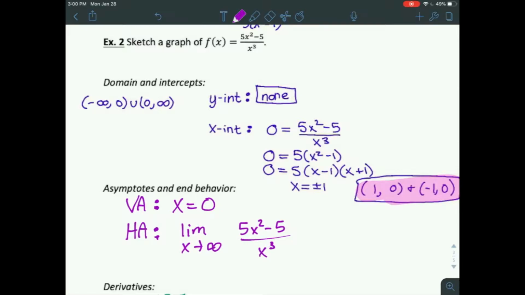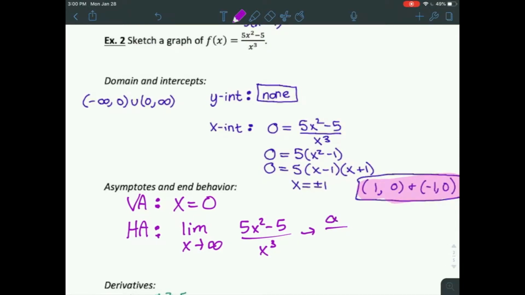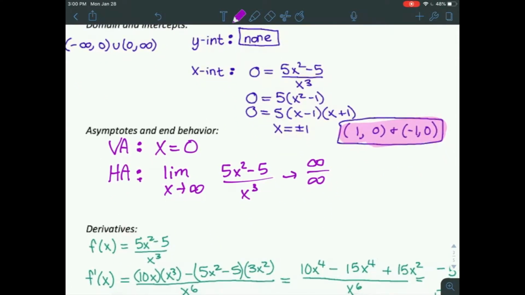We can go back to divide everything by x to the third if you'd prefer. Or we could use L'Hopital's rule. Let's do that. More practice. Because this is of the form 0 over 0. Or no, it's not. It's of the form infinity over infinity. So we could do L'Hopital's rule and reevaluate our limit. Derivative, 10x, 3x squared.